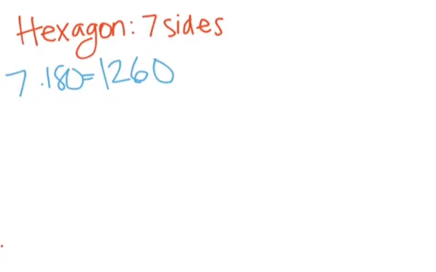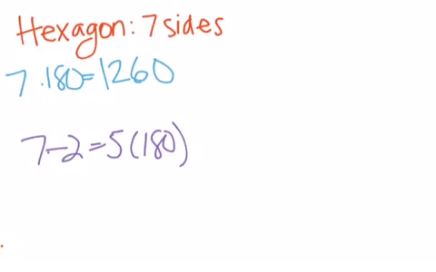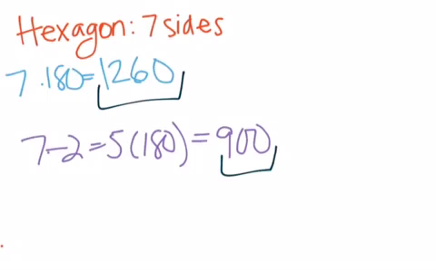Okay. Then the sum of our interior angle measures for a hexagon would be 7 minus 2 equals 5 times 180, which would equal 900. So we're going to take this number right here and subtract this number from it.